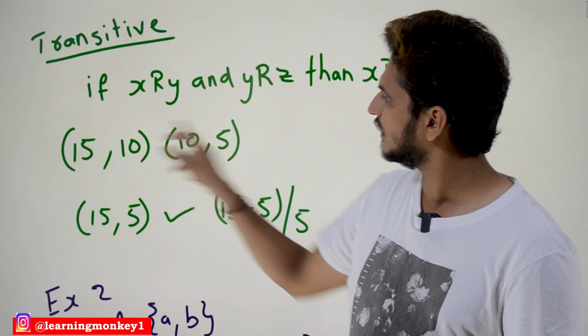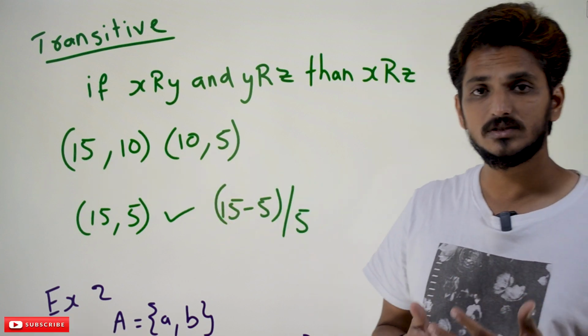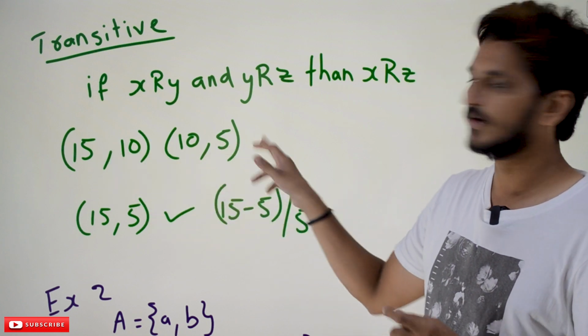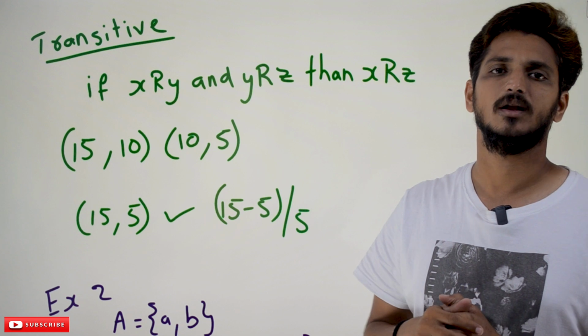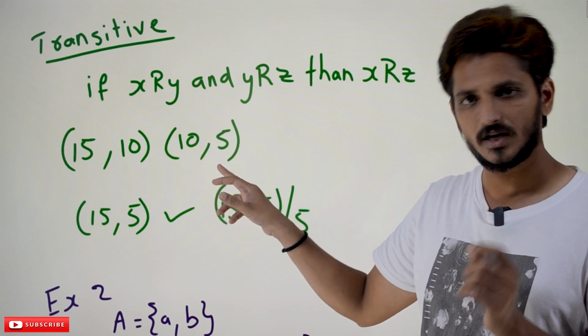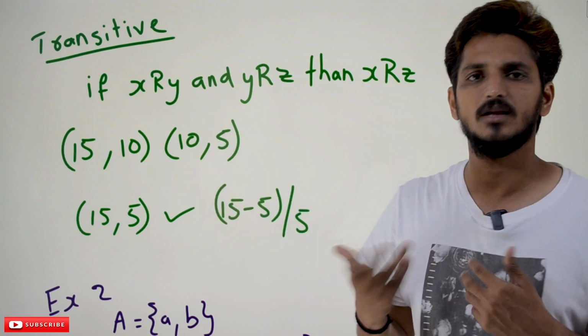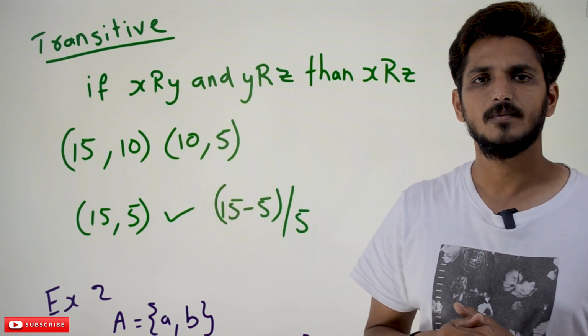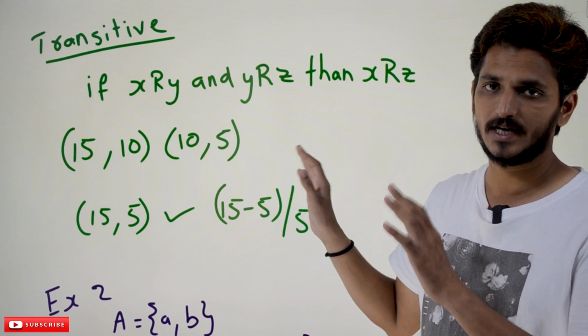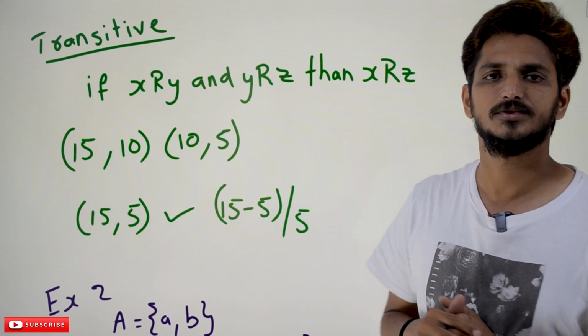Then obviously 15 minus 5, which is 10, is divisible by 5. Obviously (15, 5) will be there in our relation. If (x, y) and (y, z) are there in our relation, then definitely (x, z) will be there in our relation. So that's why it is an equivalence relation. It is satisfying all the properties.